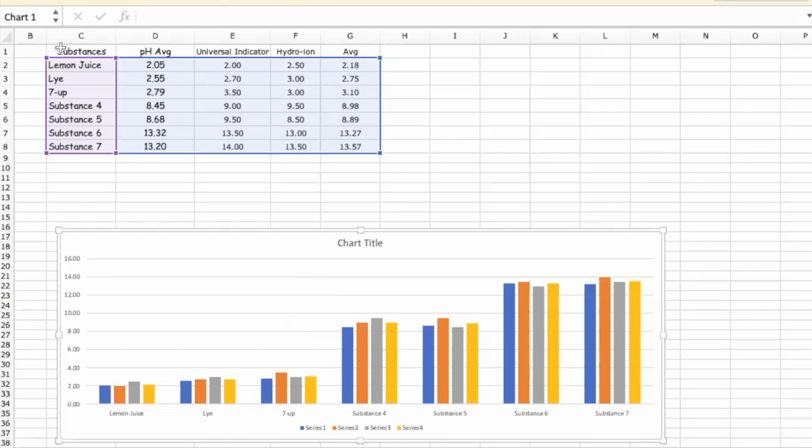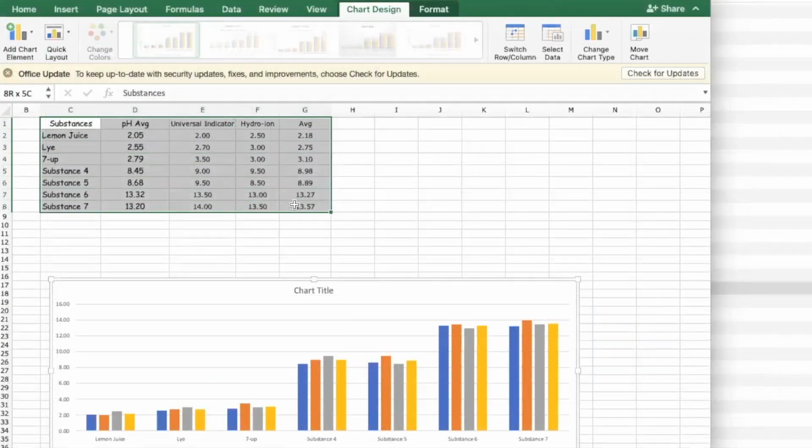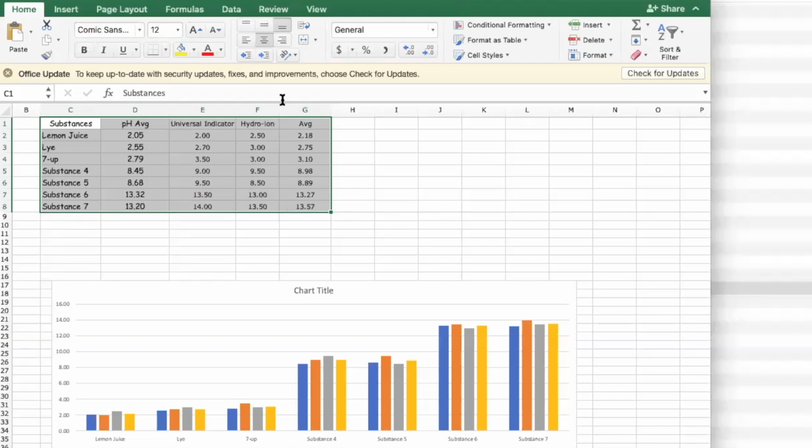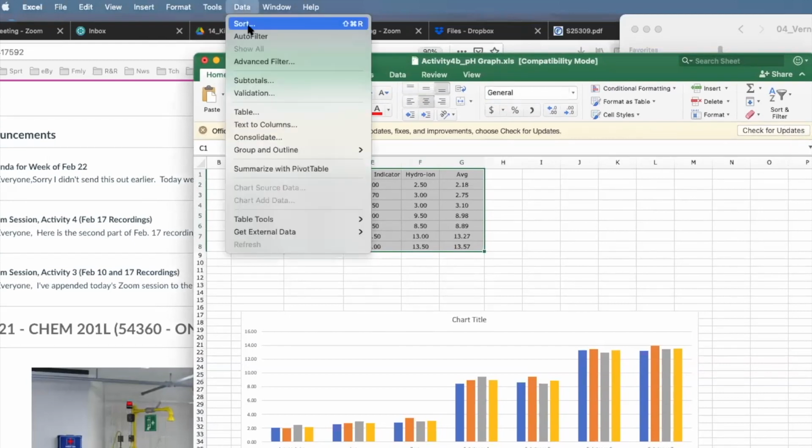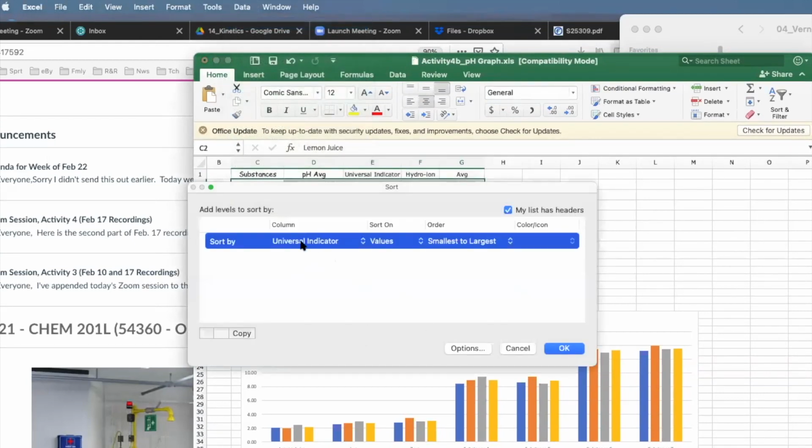So what I'm going to do is highlight everything, and then I'm going to go to sort. So if you go to data and sort, I'm going to go in here and sort it by average. And I'm going to go from largest to smallest, under sort. And then I'm going to say that it has a heading.